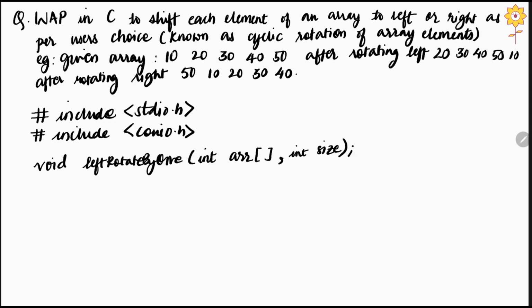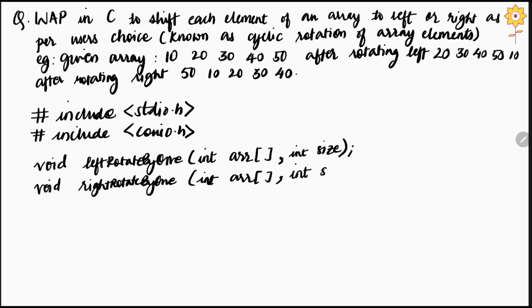Then we will also have to write a user defined function rightRotateBy1. Again, for this it will require the array and the size. You can't simply write the size variable directly, you will have to mention the data type also.